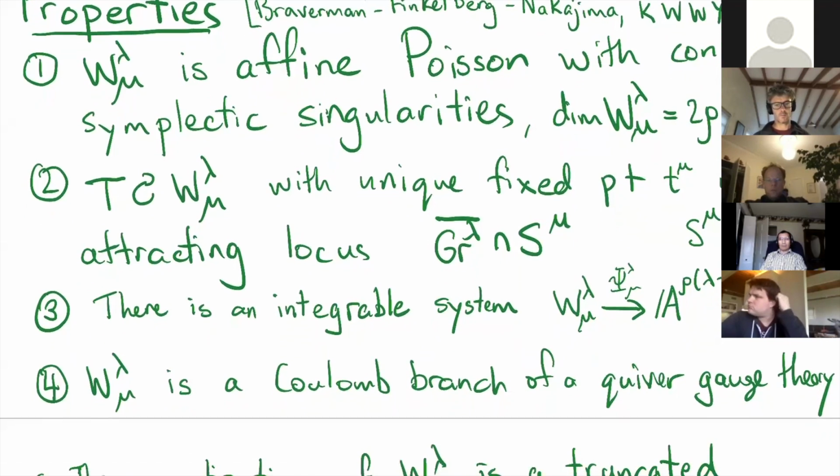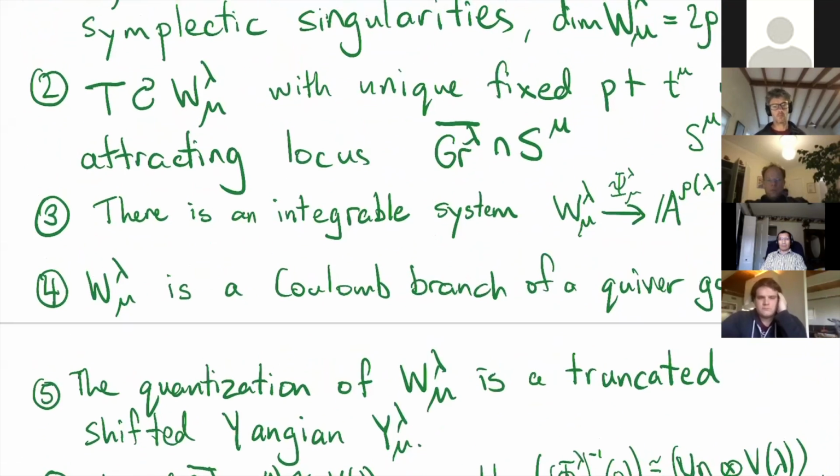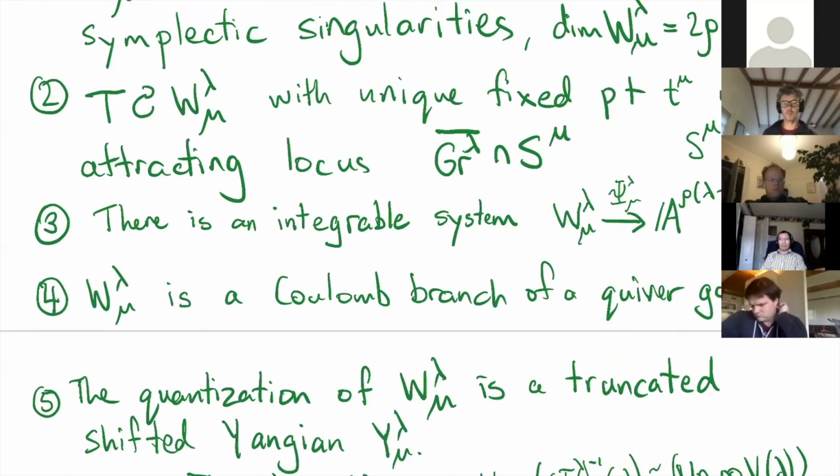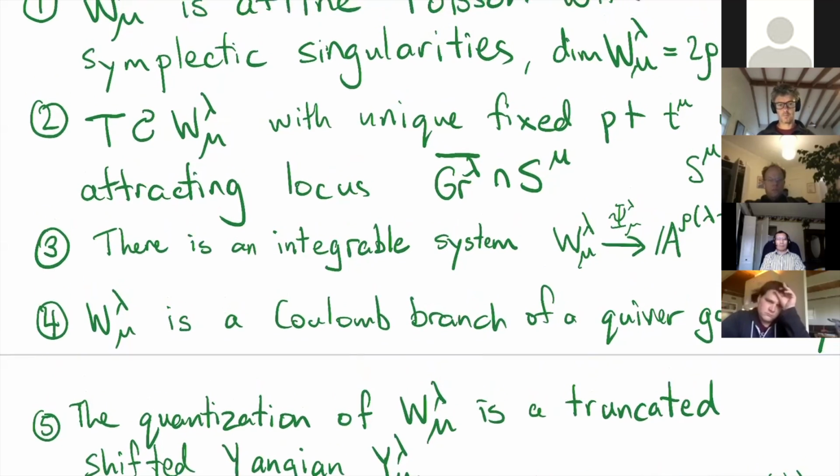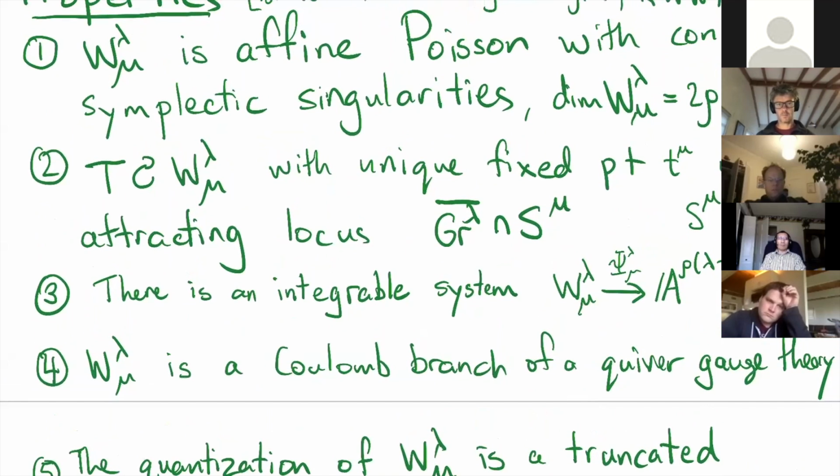And finally, not finally, another good property, but not the last one, is I mentioned that it has a Poisson structure that was like point 1 with conical symplectic singularities. And if we have an affine Poisson variety with conical symplectic singularities, then a theorem of Bezrukavnikov, Kaledin, and then extended by Losev, guarantees us that these varieties have canonical family of deformation quantizations.